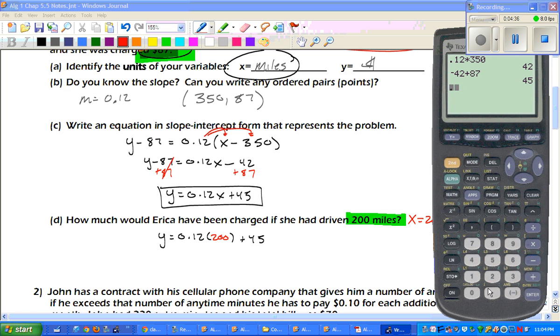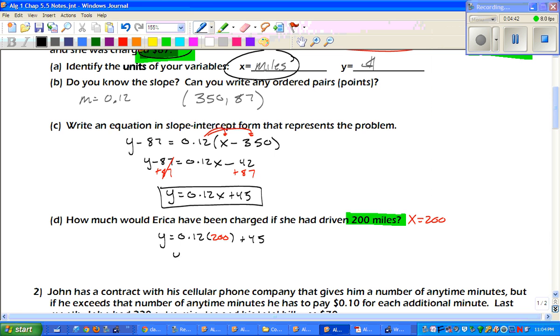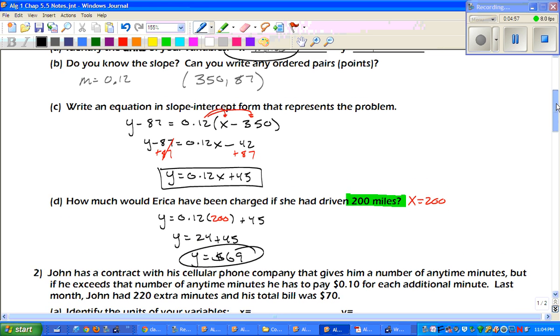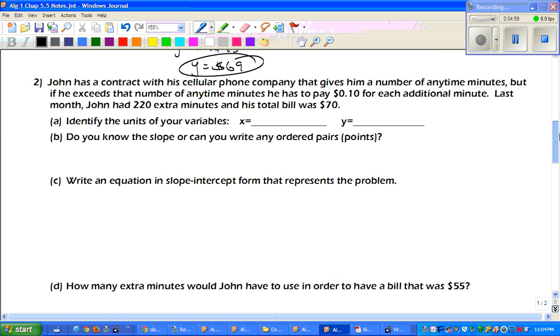You take 0.12 times 200 and you get 24. So y equals 24 plus 45. So that is a total of $69. All right, let's take a look at the next one.